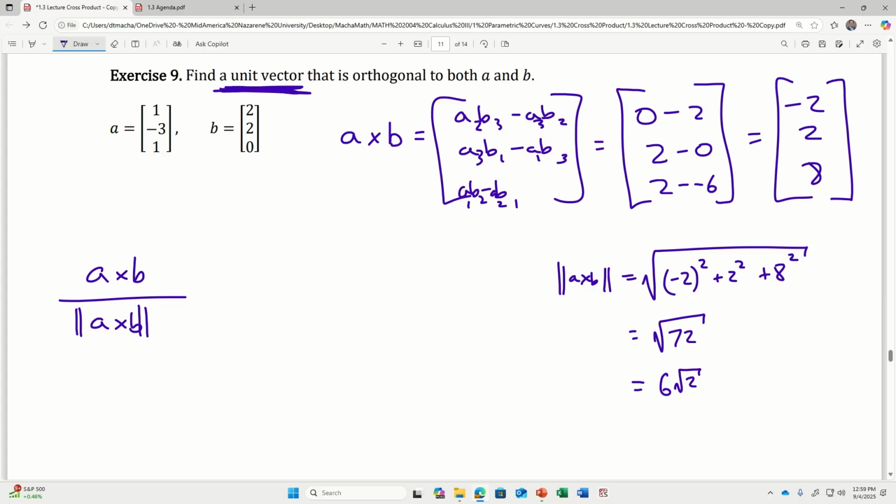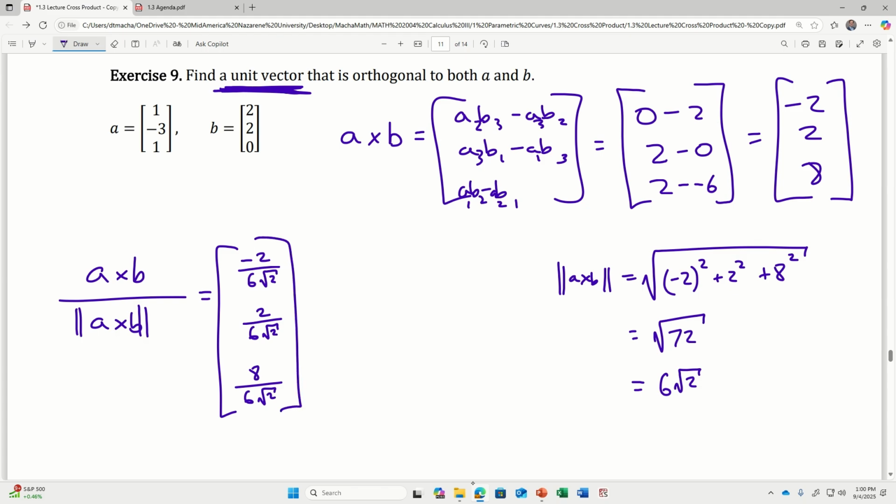Yeah, okay. And so then whenever I want to actually write down this vector, I do negative 2 divided by 6 square root 2, 2 divided by 6 square root 2, 8 divided by 6 square root 2. And I know I should be trying to simplify, I guess.